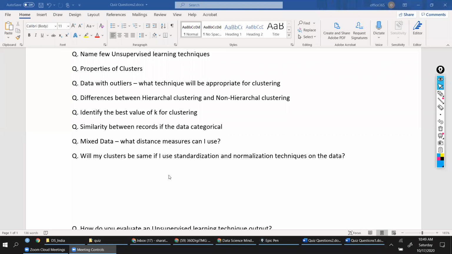Magnitude-wise, the values will be different when compared to your standardization technique. Now, if your values are different, numerically the magnitude is different, then obviously when you are measuring the distances between these records, pairwise records, the distance measures will get affected. So the end clusters might change.